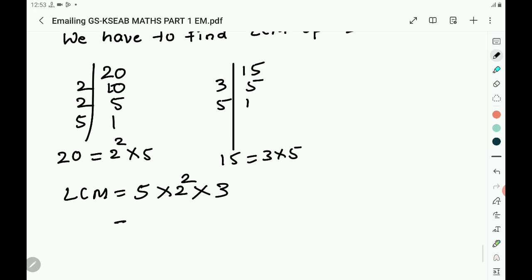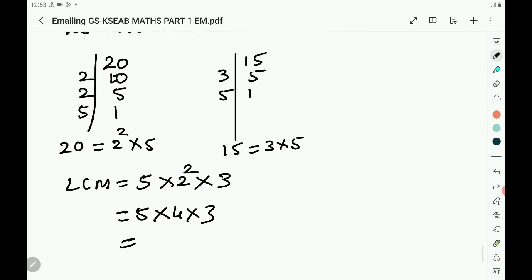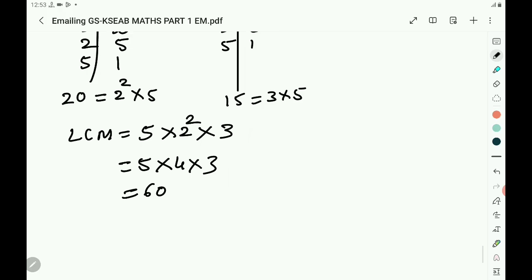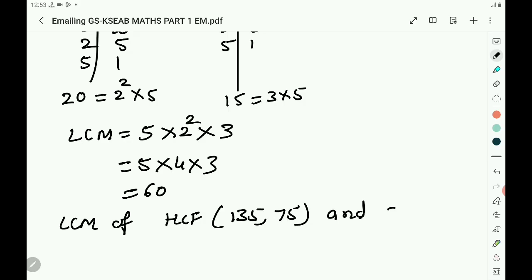Then you write 5 into 4 into 3. 5 fours are 20, 20 threes are 60. Then the LCM of the HCF of 135, 75 and 20 is 60.